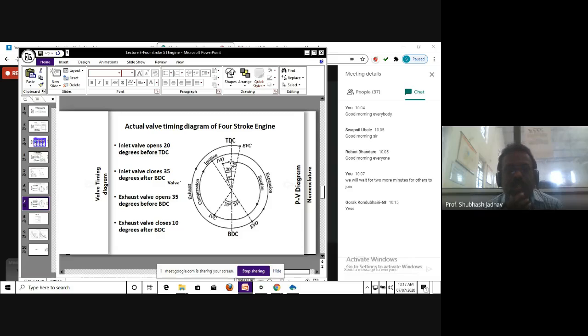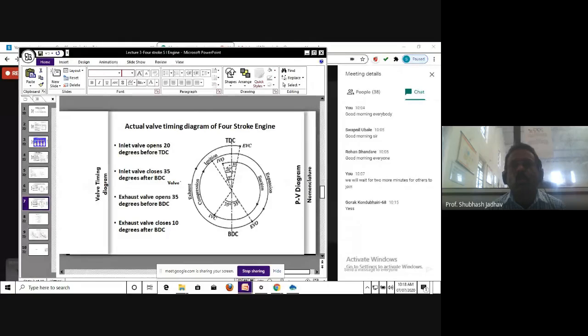That means there is a very high probability that some of the mixture coming in through the inlet is going to go out through the exhaust, because we know in a four-stroke engine both the inlet and the exhaust are in the cylinder head, comparatively near to each other, and therefore whatever is coming in through the inlet is probably going out through the exhaust directly. For how much period? During this particular valve overlap period.